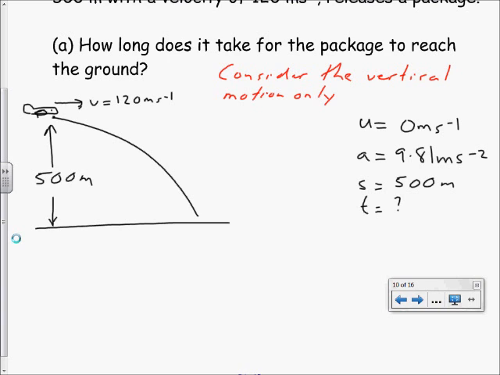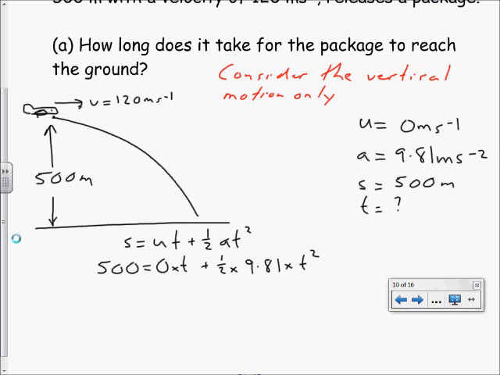So we look at those four things, identify the equation of motion, and it's going to be S equals UT plus a half AT squared. The fact that U is 0 makes the problem relatively easy to solve. 500 equals 0 times T plus a half of 9.81 times T squared.